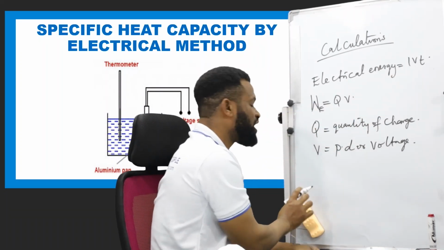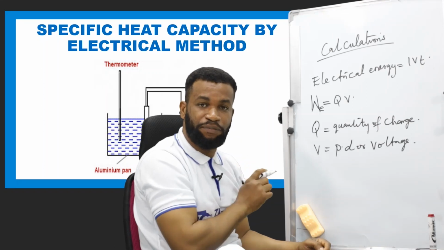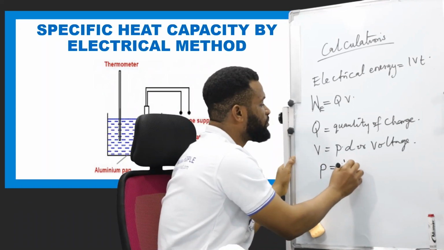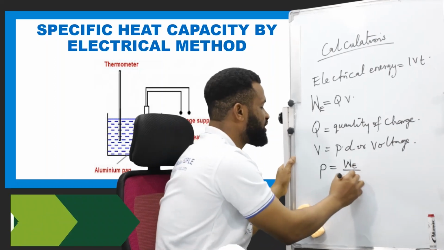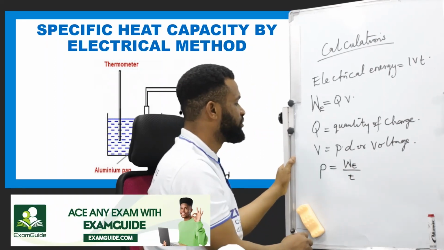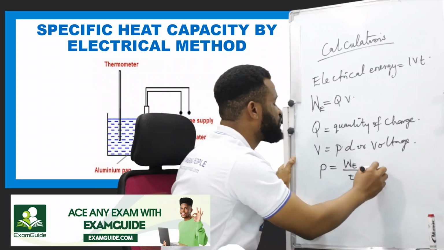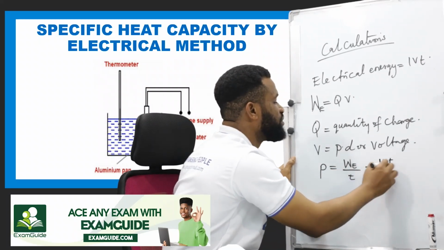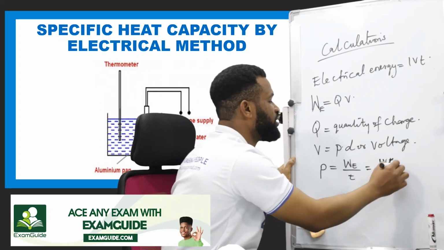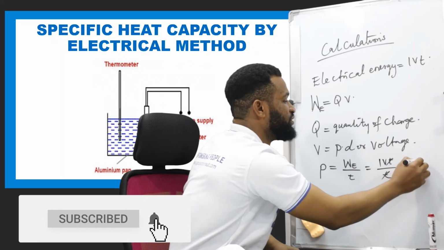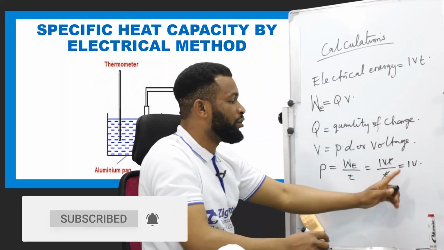We can also talk about electrical power. Electrical power is work done by electrical energy divided by time. The work done by electrical energy is given by IVT, all over T. T will cancel T, so power is given as IV. This is the electrical power.